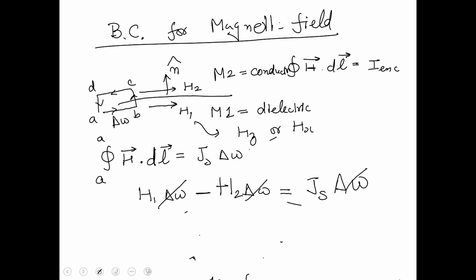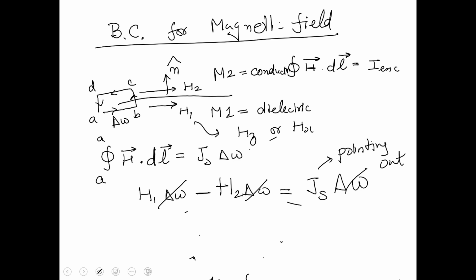This being cancelled out, and this has to follow your right hand thumb rule. So this tells you that the Js as it is written is pointing out of the board, because it has to follow the thumb rule.